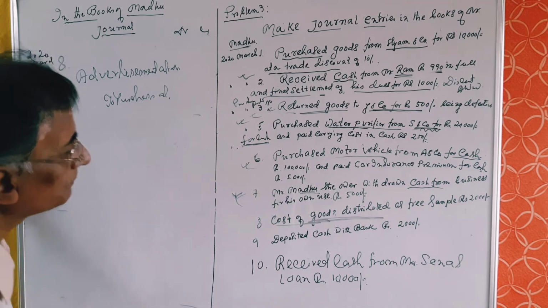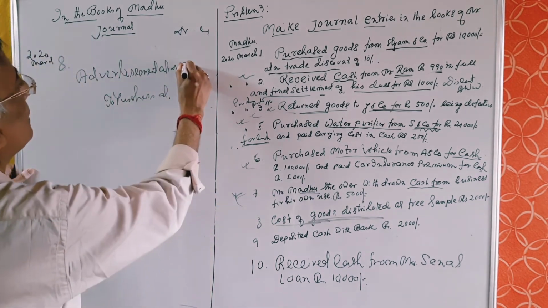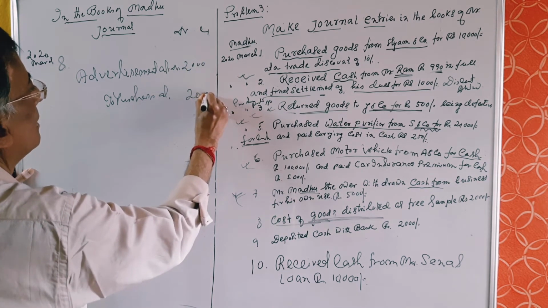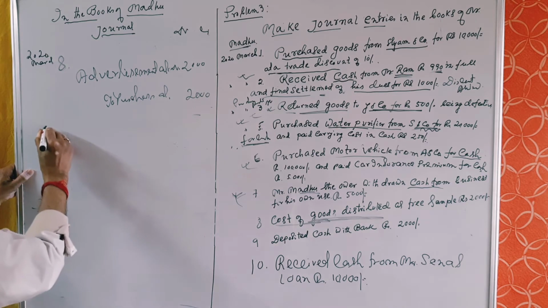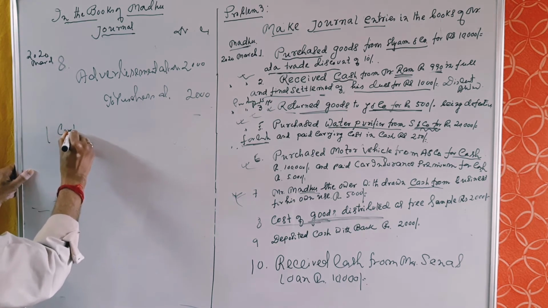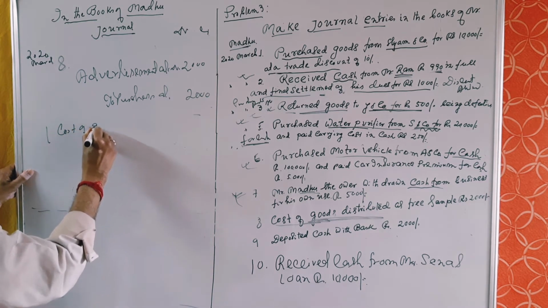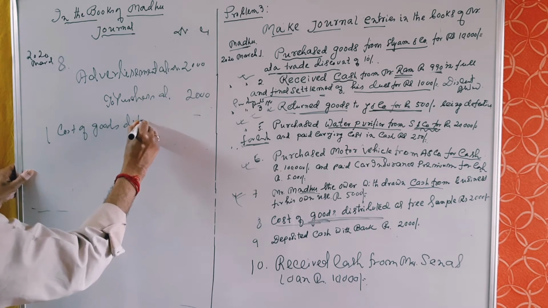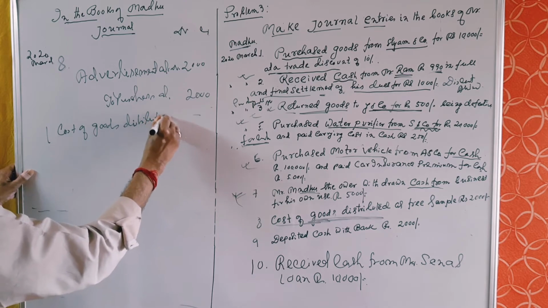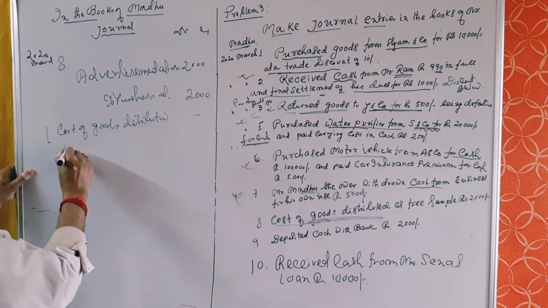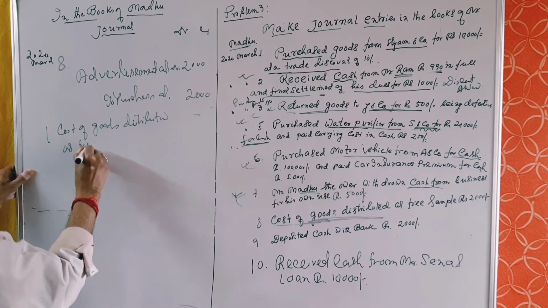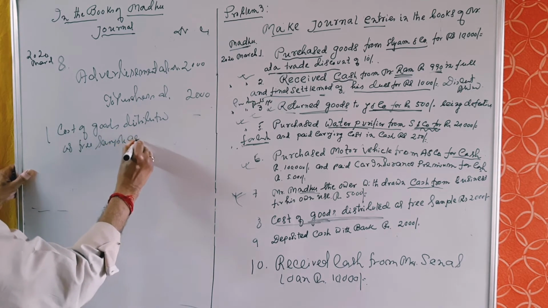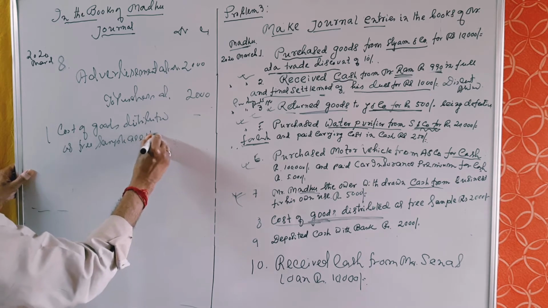How much? 2,000. 2,000 debit and 2,000 credit. Cost of goods distributed as free sample accounted for.